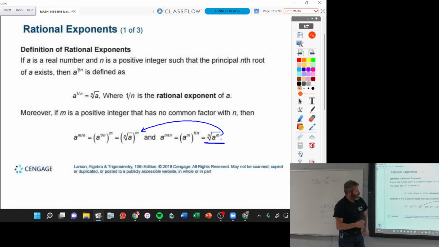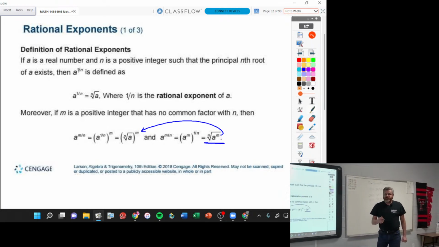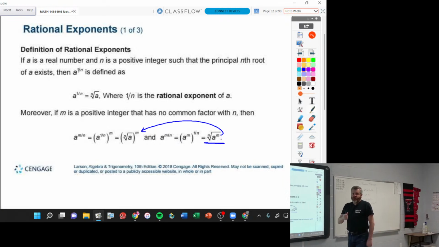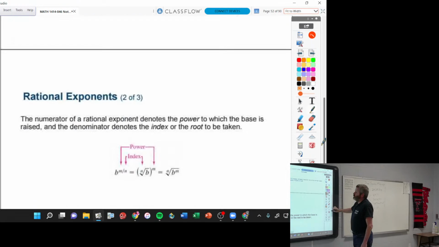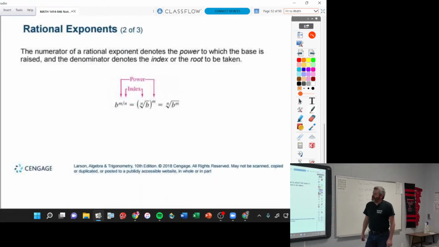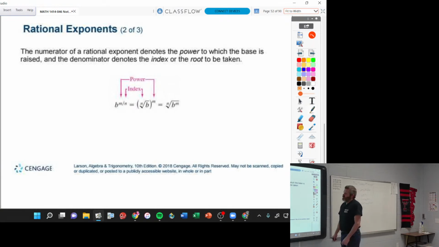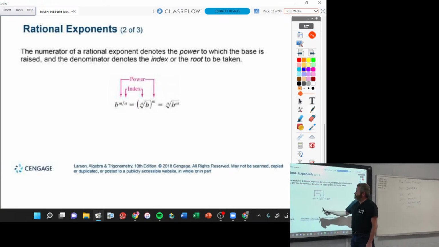If you're taking the nth root of a to the power m, that m can come out. So if I'm doing the nth root of a to the m, I can take that m and put it on the outside like this. So it's just a combination of some properties. But the important thing here is to remember, the top number m is the power, and the bottom number n is the index.